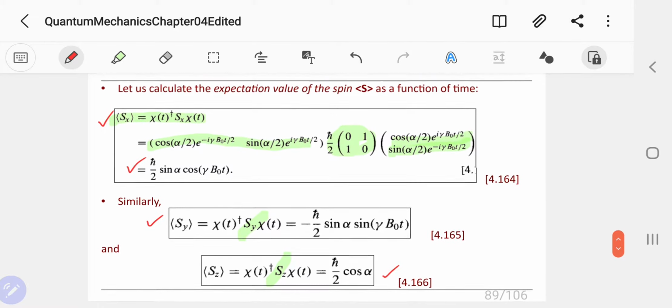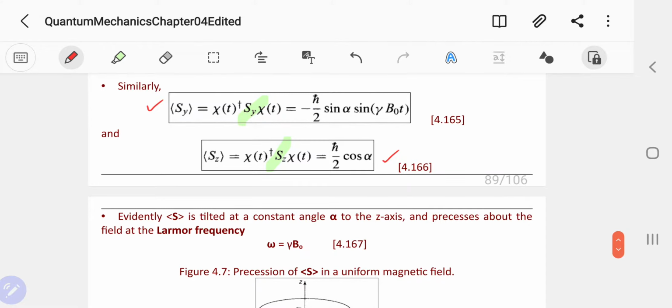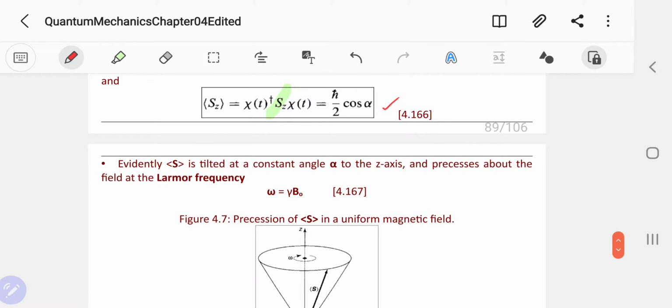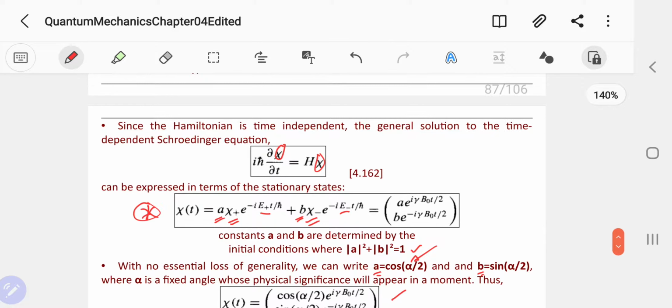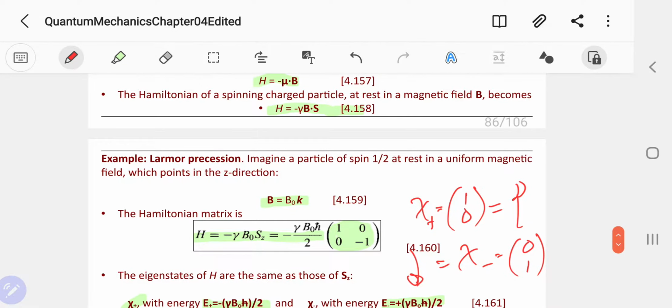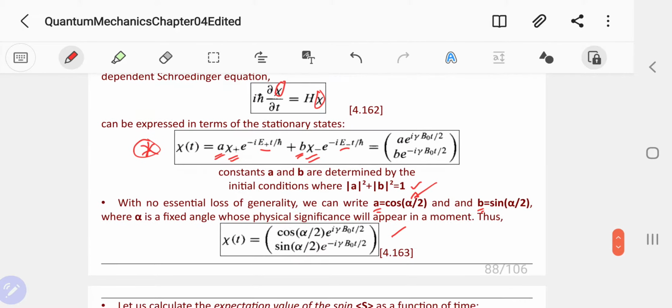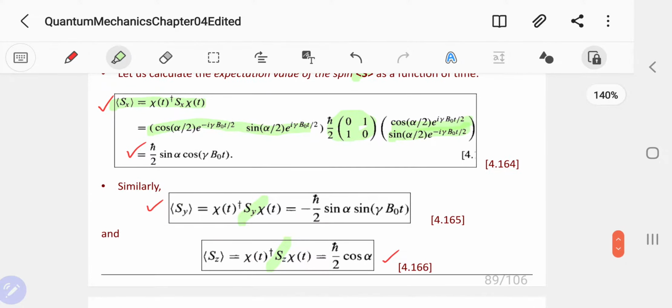So when you get the expectation value of S, it's necessary to get the expectation values of Sx, Sy, and Sz first.